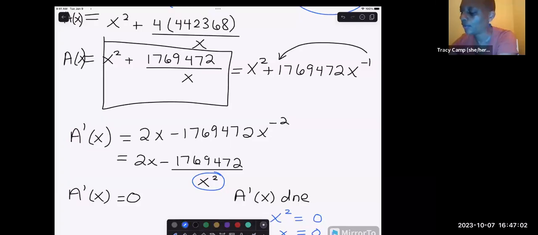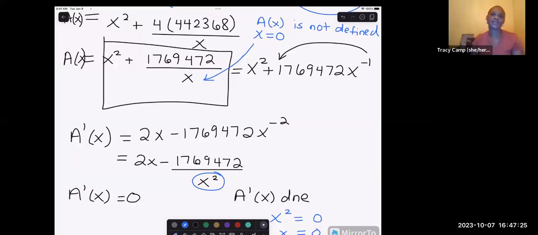So if you go to the original function, at x equals 0, a of x is not defined. So we have a vertical asymptote right there, right? So x equals 0 is not really a possibility for giving us a minimum, which is what we're looking for.